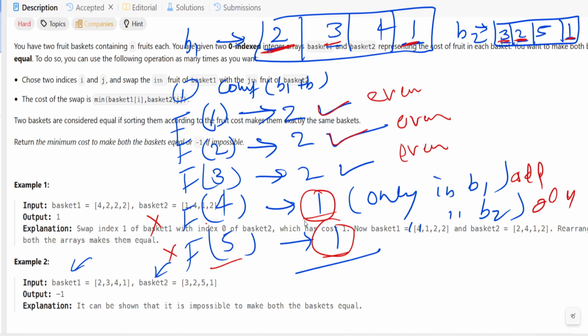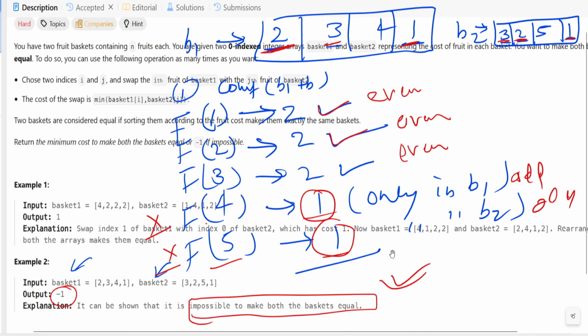What is our conclusion here? For fruit 4 and fruit 5, which appear only one time, the count is odd, so there is no way to split them evenly between the baskets. In that case, this will give you -1, because it is impossible to make both baskets equal. I hope you understand it.